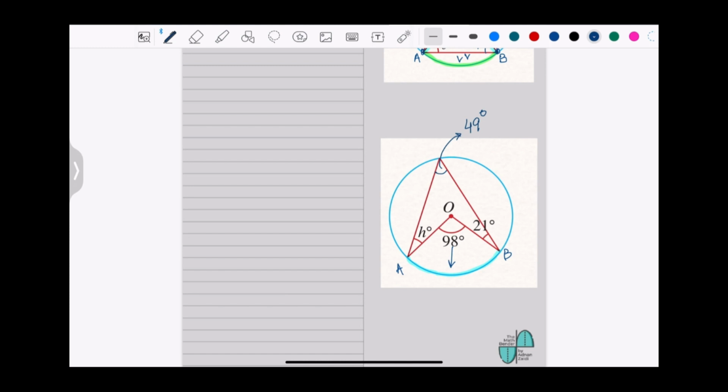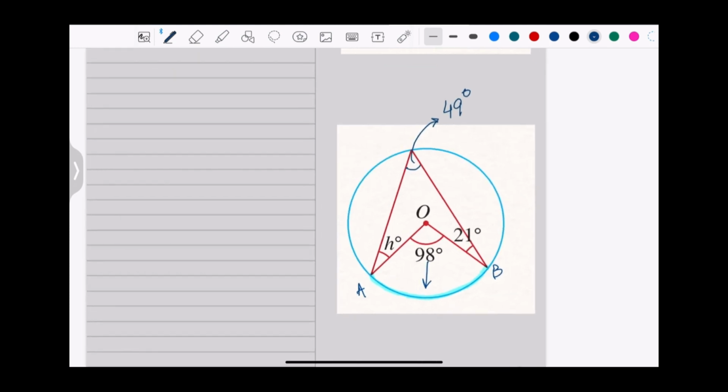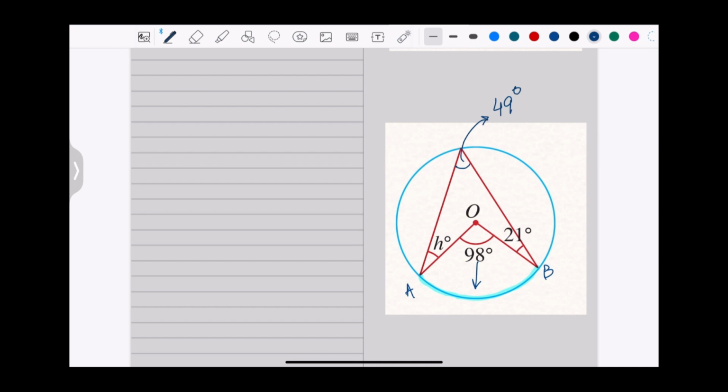Now, in order to find H, let's take another perspective. If I draw a line here, I'm highlighting this line with a different color. As you can see, this is a radius, and this as well is a radius. Since the radii are the same, this is 21, hence this small one is going to be 21 as well.